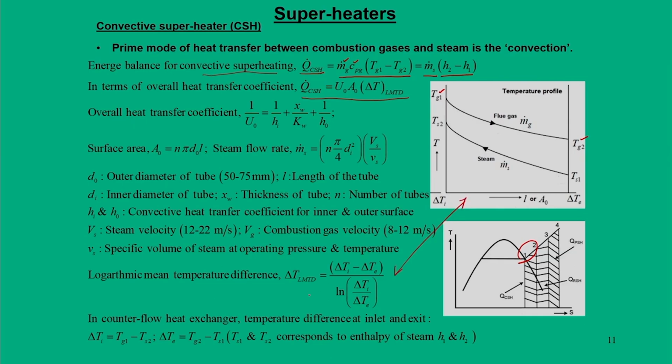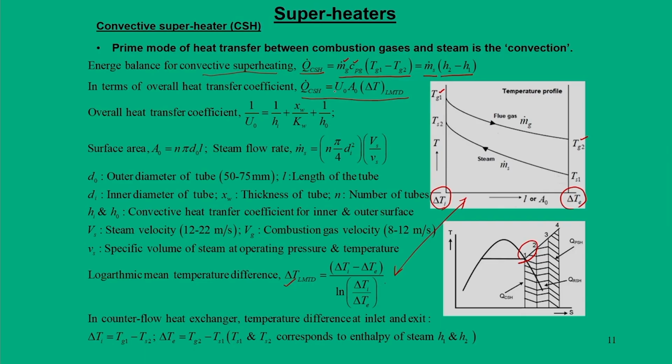LMTD is defined by delta Ti at the inlet and delta Te at the exit. At the inlet it is Tg1 minus Ts2, and at the exit it is Tg2 minus Ts1. Knowing this delta Ti and delta Te, we can calculate the logarithmic mean temperature difference by this expression.